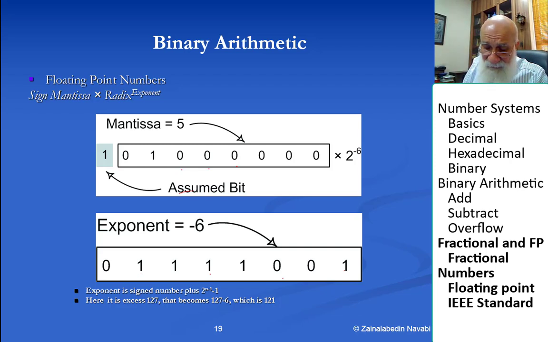You take the mantissa part, and the mantissa part would be a certain number of bits, and then the exponent will be 2 to n minus 1.